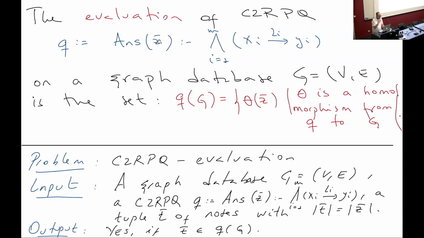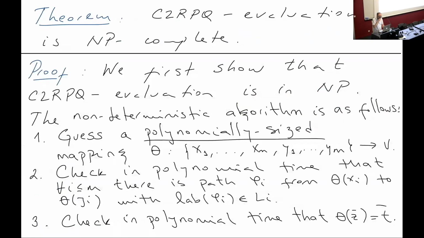The complexity of the problem doesn't change. We want to check whether this query holds in the graph database, whether there exists some output possible. And this problem is actually NP complete. C2RPQ evaluation is NP complete.